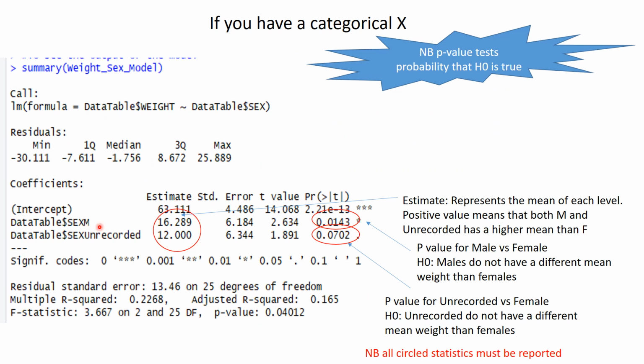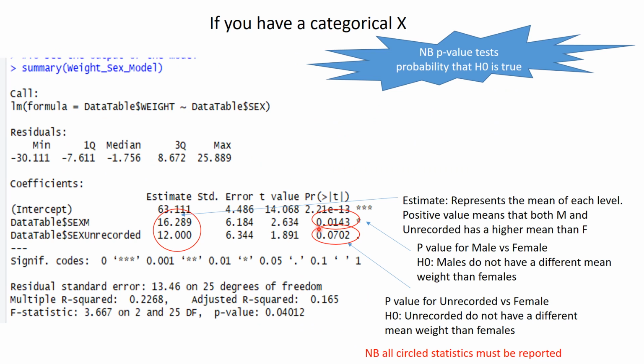And what this line represents is the difference between the sex indicated here, so that is M for male, to the sex that we cannot see, which is the first one in the alphabet, which is female, right? So the p-value tested here tests the null hypothesis that males do not have a different mean weight to females. You can see the p-value here is smaller than 0.05, so we can say males do have a different mean weight to females.